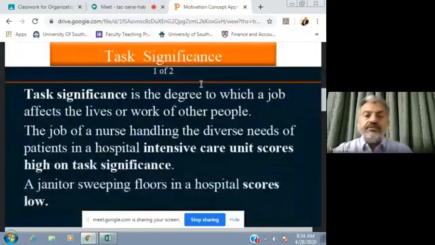Task significance. Here we discussed the intensive care unit, where the situation keeps on changing after every hour or every few hours. And the nurse who is working in an intensive care unit is challenged on every different situation that develops in the patients, and they have to be on high alert, because just half an hour ago this patient was very stable, and now he is having trouble breathing.